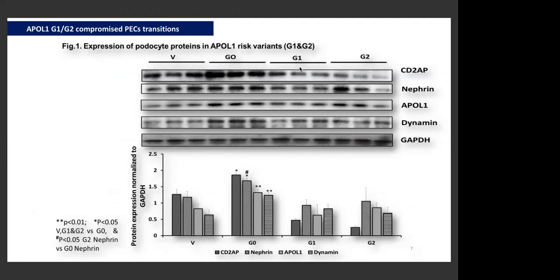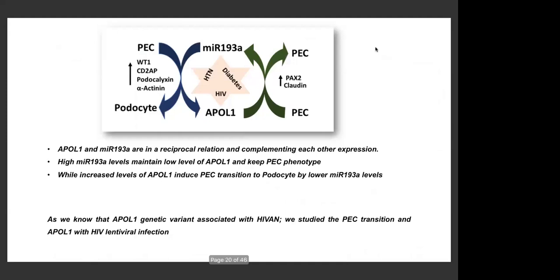And if we transfect the APOL1 G1 and G2 variants, we have found that they are not able to convert the parietal epithelial cells into podocytes, and these properties are only intact with the G0, and G1 and G2 are not able to do this transition.